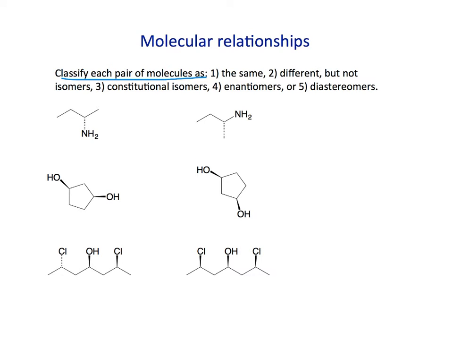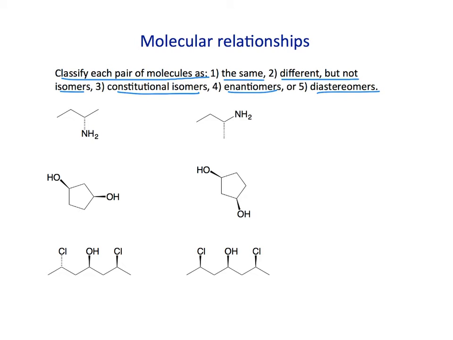Let's compare some molecules. In each of these sets or pairs, we are going to classify them as either being the same, different but not isomers, constitutional isomers, enantiomers, or diastereomers.